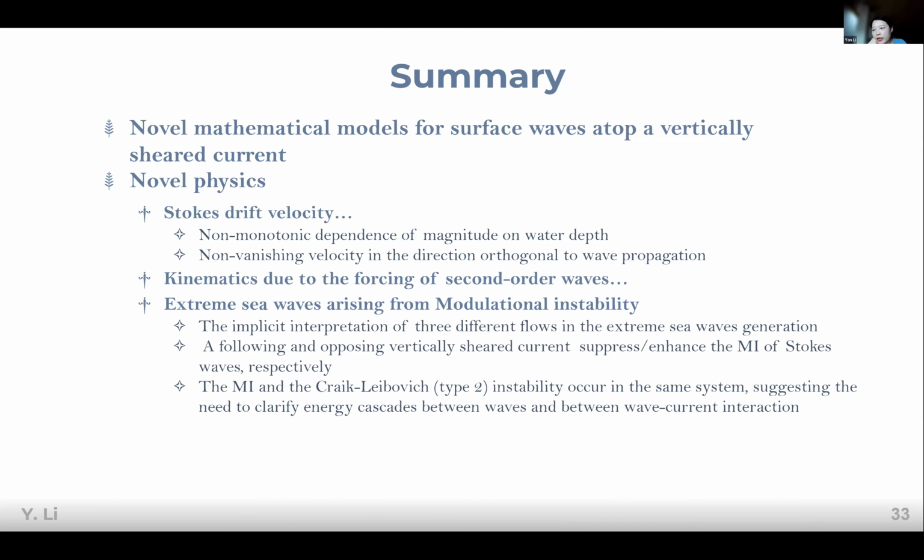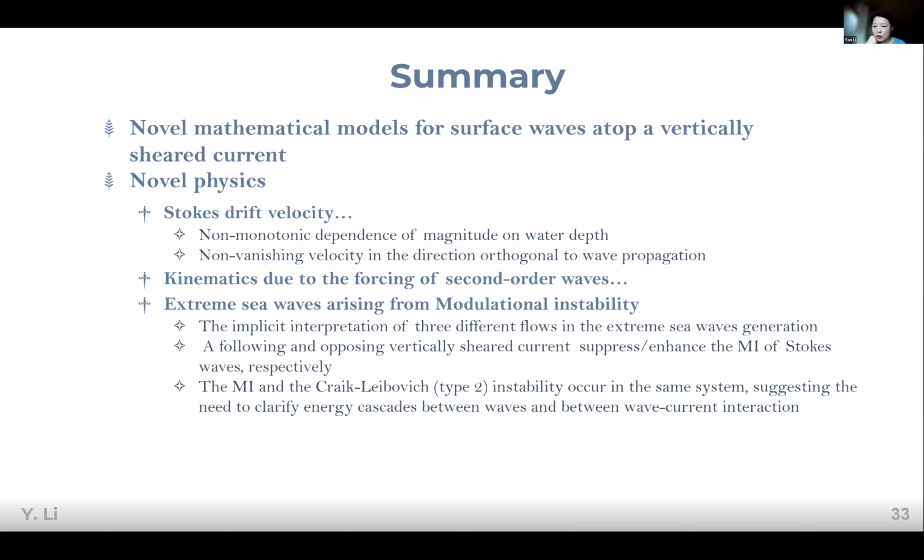Well, actually, we have done both for the cases of current following and also opposing. I did not use the example for waves opposing currents because they can make a difference to the Stokes drift when compared with the case in absence of current, but it's not as significant as what I show in the example.